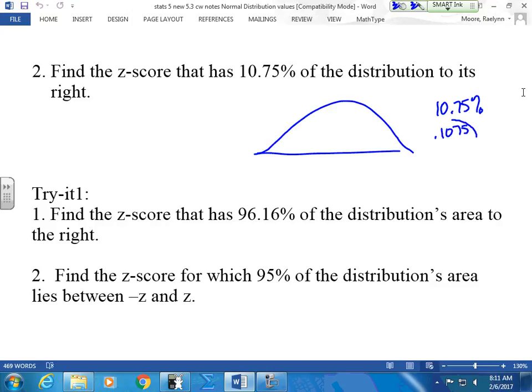So I want an area to the right, there's my 0, to be 10%, 0.1075. So this is a small amount, right? So somewhere over here to the right of my area is very small. What's this area to the left?